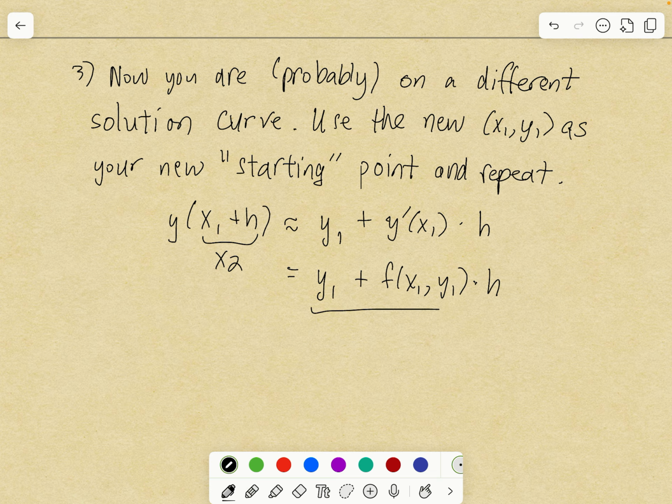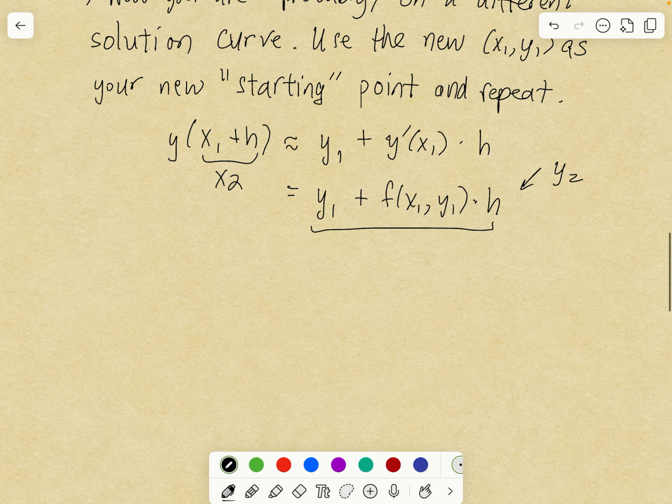So, of course, this value now, we would call this y2. So now you're at the point x2, y2, and you can just repeat the process. y of x2 plus h is approximately y2 plus f of x2, y2 times h.